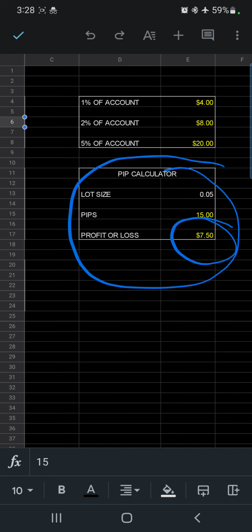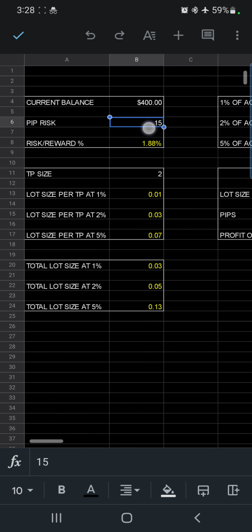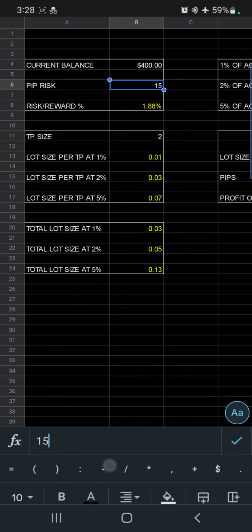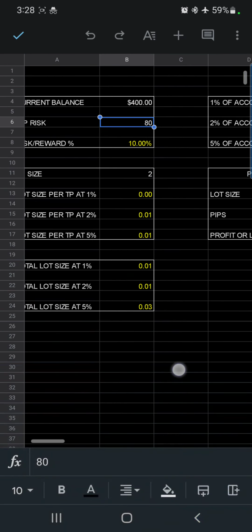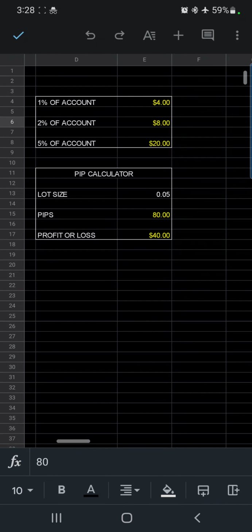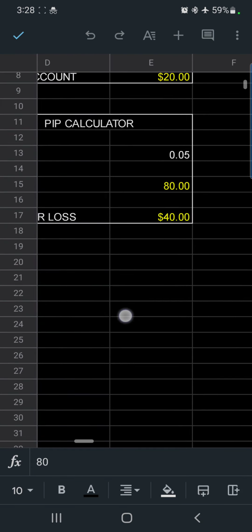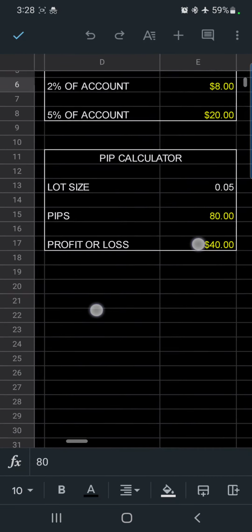Now, let's say that for the entire trade, the amount of pips can eventually be 80 pips, which means that we can earn $40 on this trade because we chose a lot size of 0.05.